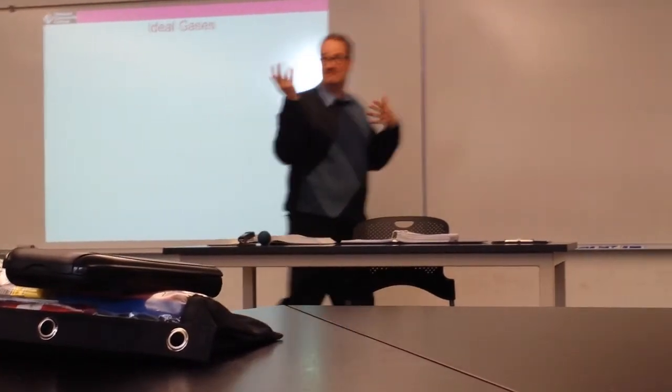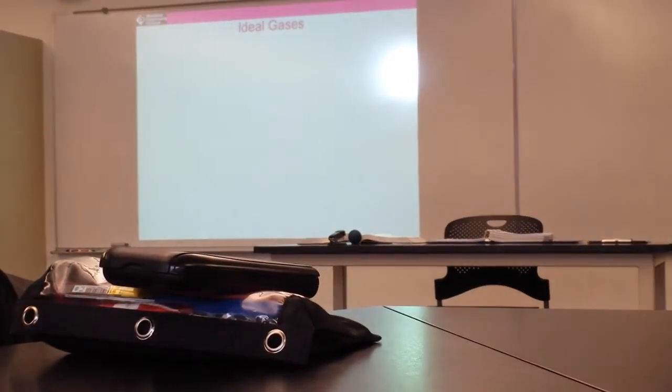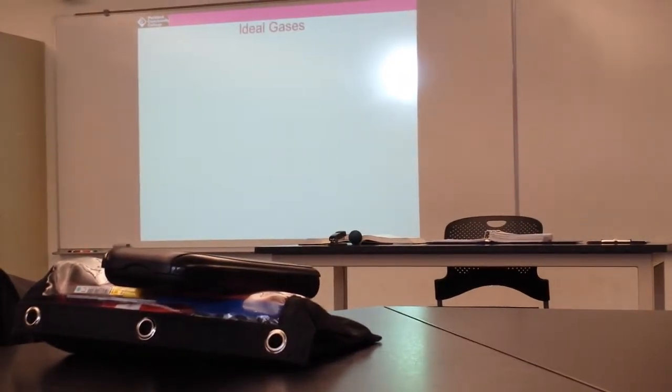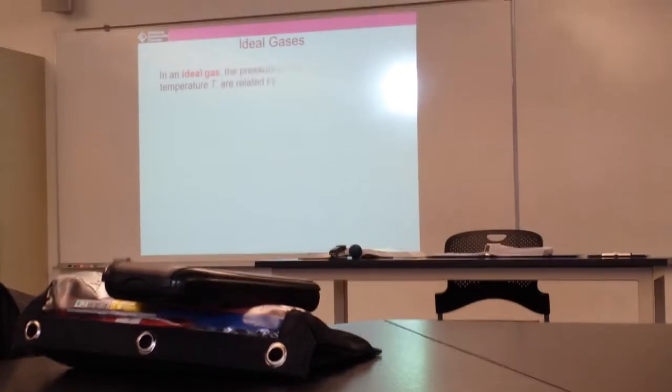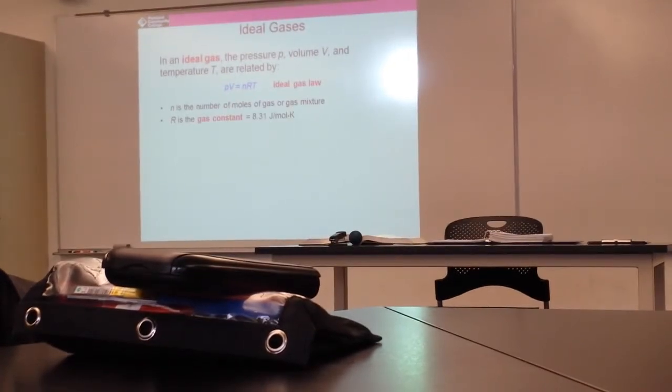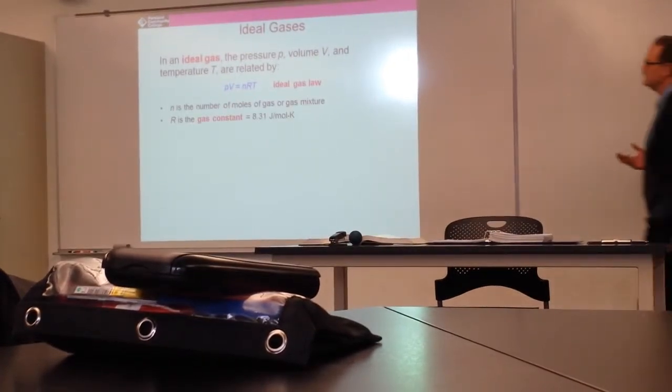You can actually treat the air in this room as an ideal gas, so it's not a big restriction. For ideal gases, the pressure, volume and temperature are all related by the ideal gas law.